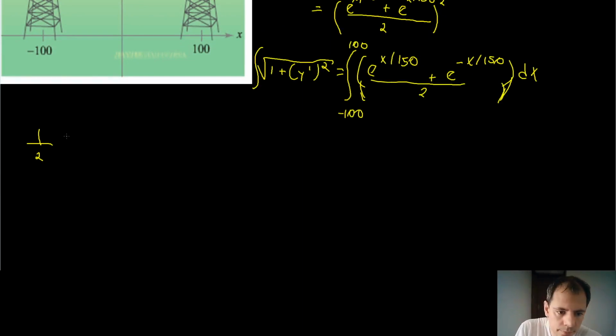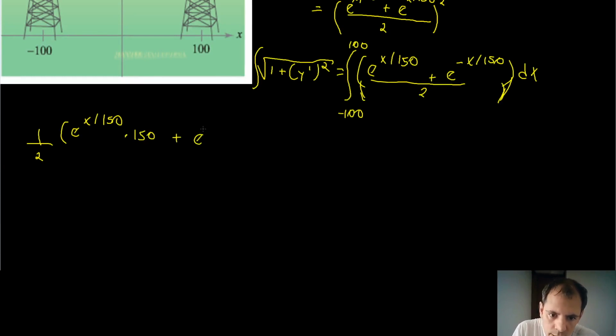It's going to be e to the x divided by 150, divided by the derivative of this. So if it's divided by 150, you're multiplying by 150. So I'm going to multiply over here by 150, right?